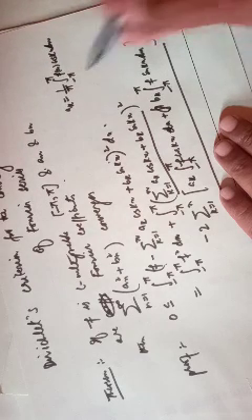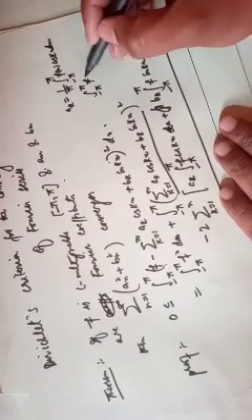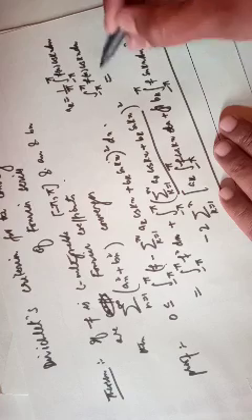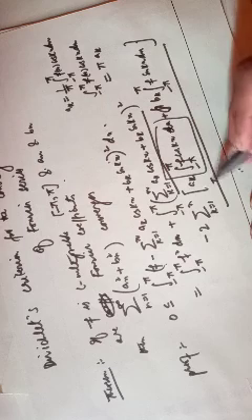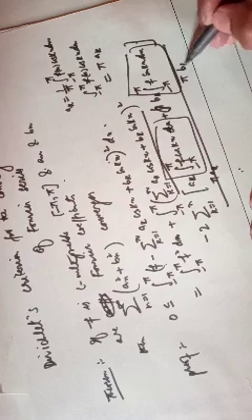So that means the integral from minus pi to pi of f(x) cos kx dx is basically pi into ak. Similarly, this integral is nothing but pi into bk. So that means this expression.